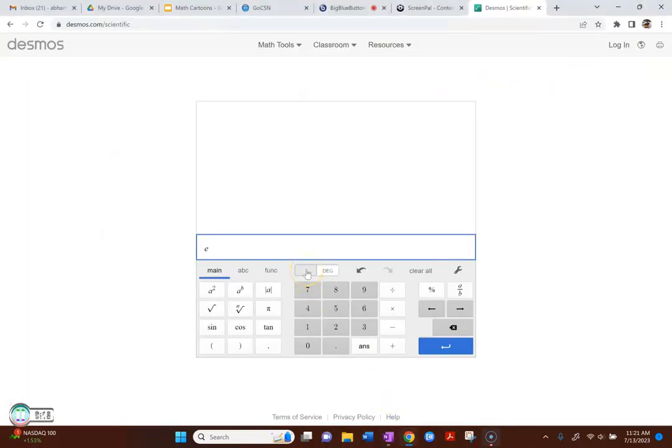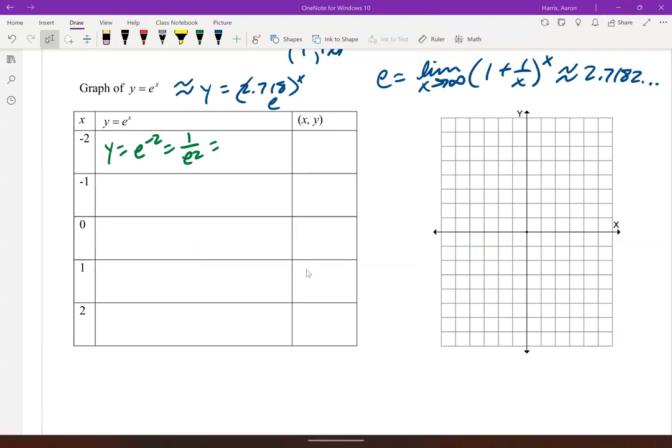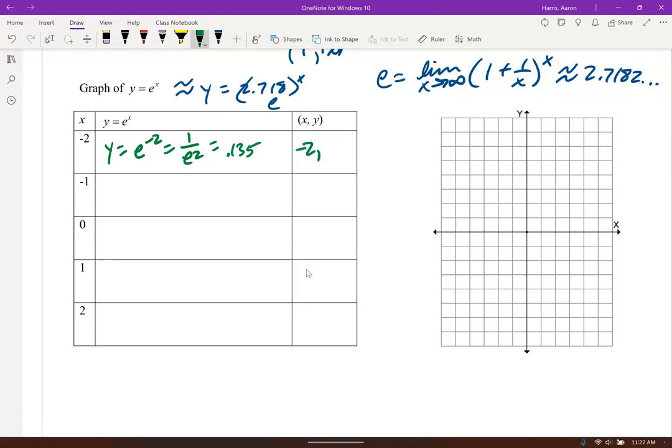So e to the -2, or if you want, you can also do 1 divided by e squared, right? Same thing, 0.135335. I'll go to 3 decimal places. So -2 gives me 0.135.